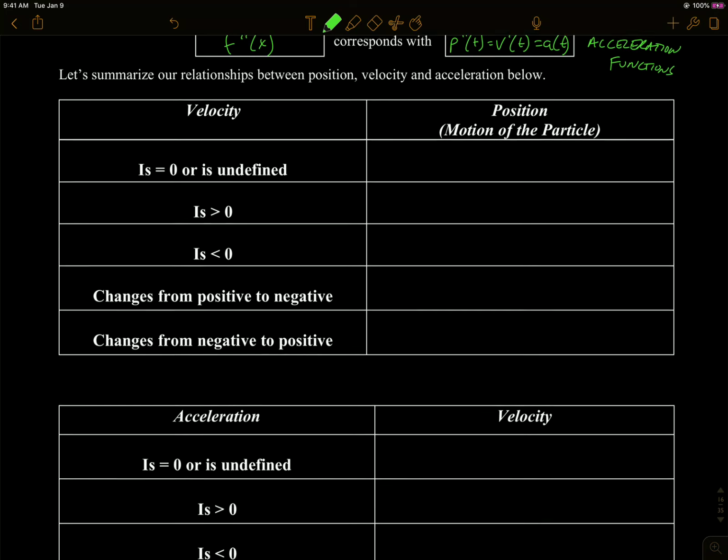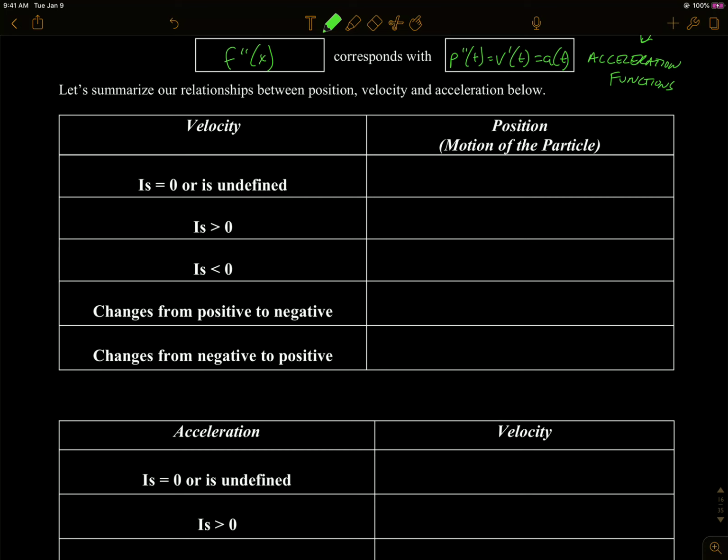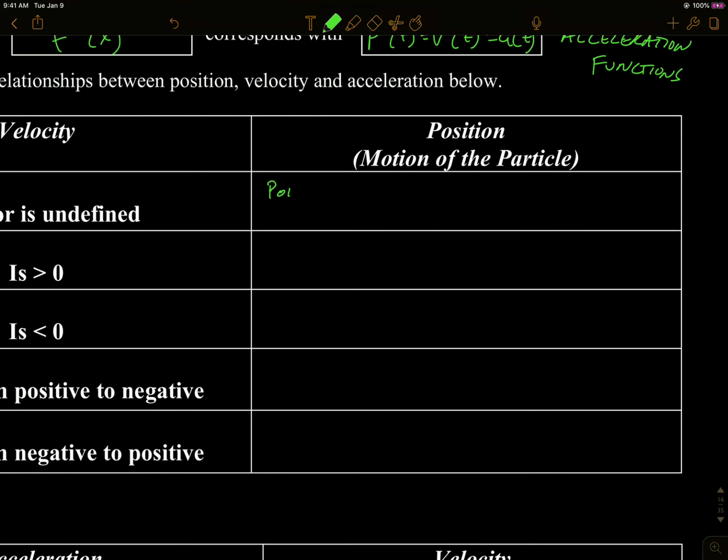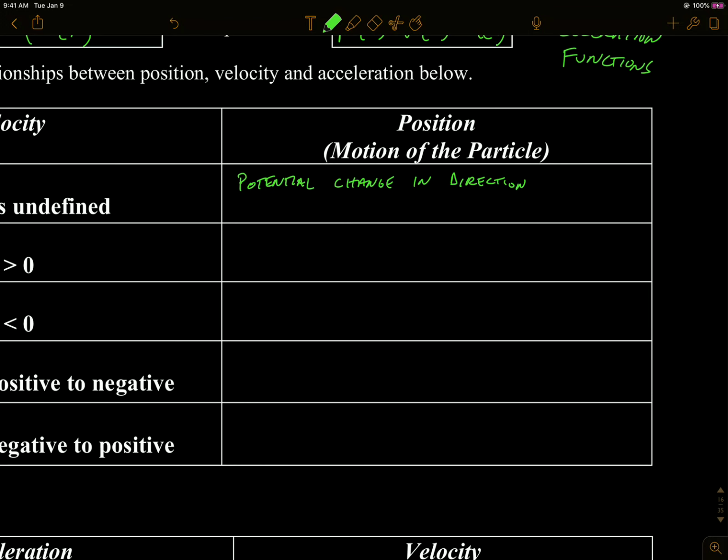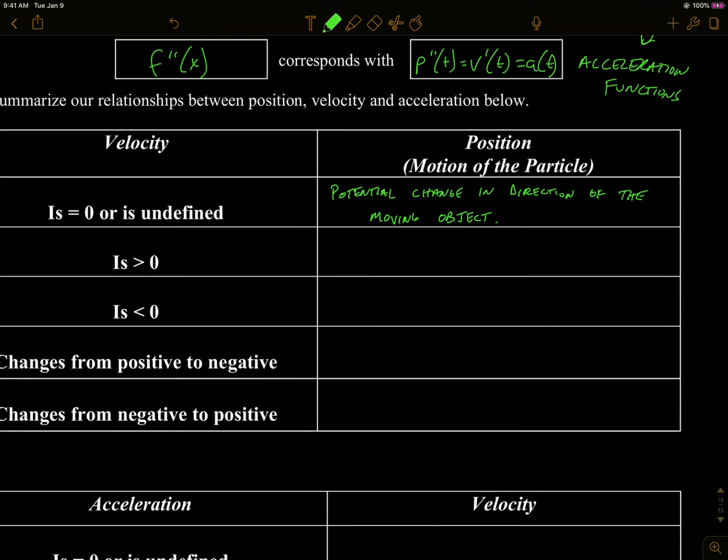So when the velocity is equal to 0 or is undefined, we have a potential change in direction of the moving object. Whenever velocity is 0 or undefined, the direction of the object could change.